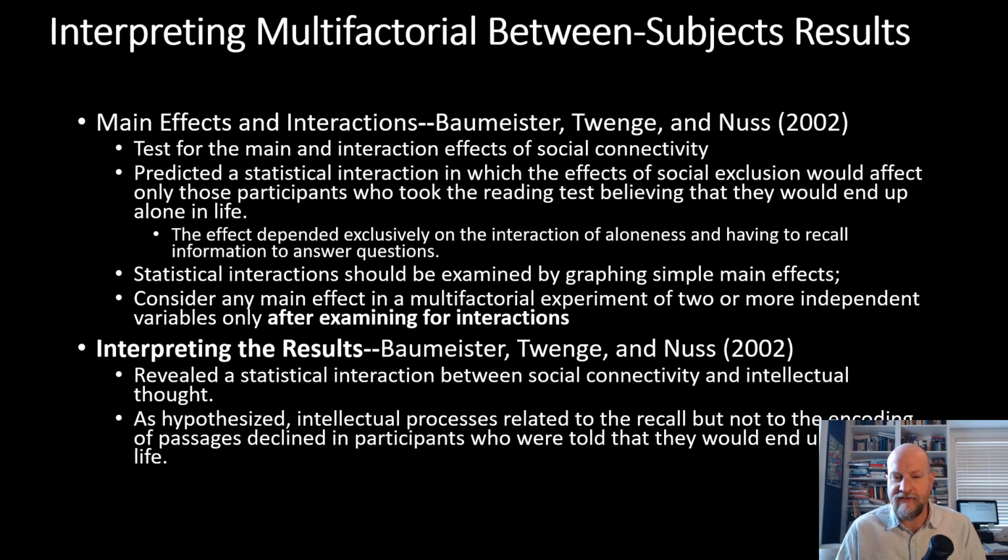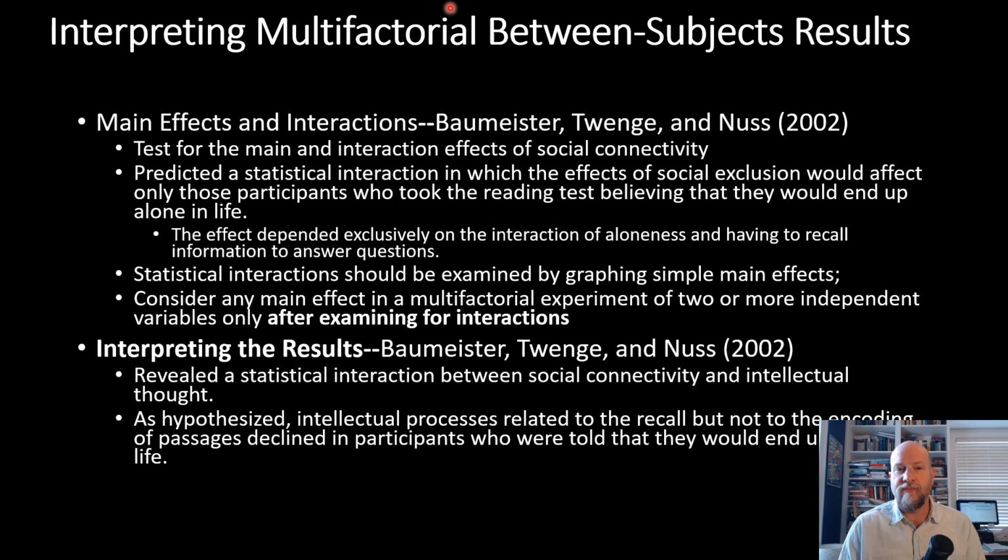They predicted a statistical interaction in which the effects of social exclusion would affect only those participants who took the reading test believing they would end up alone in life. Being told that fortune, and potentially being affected by it before being told it's bogus, you still had to carry out the task. They thought that would have a negative impact on people's performance on these GRE questions.